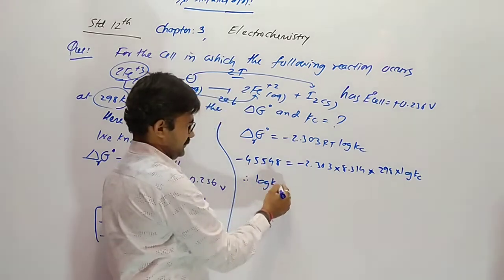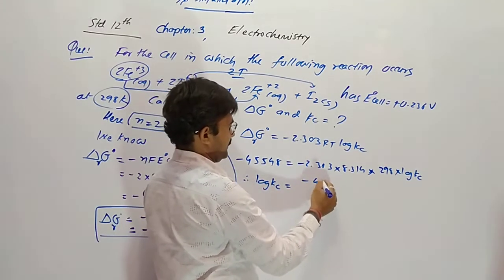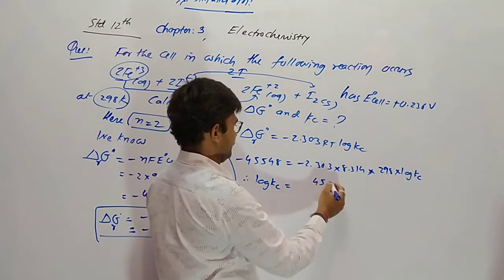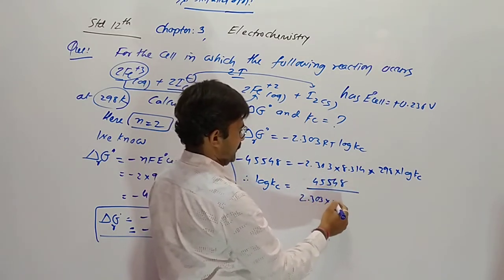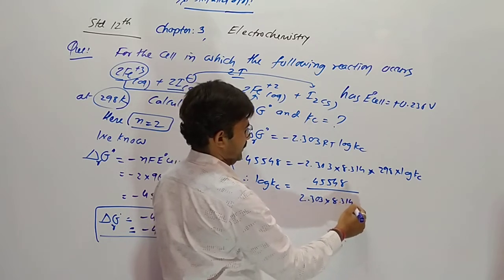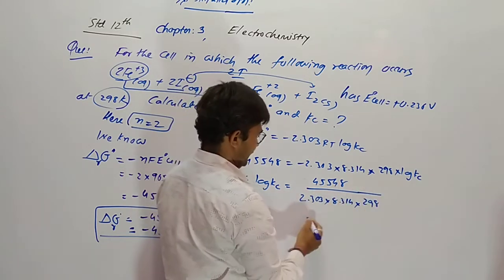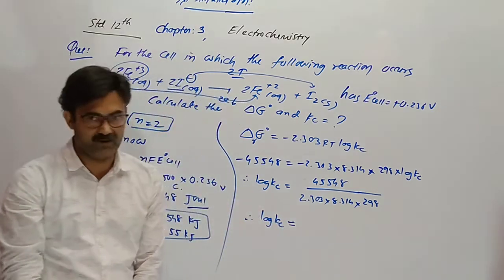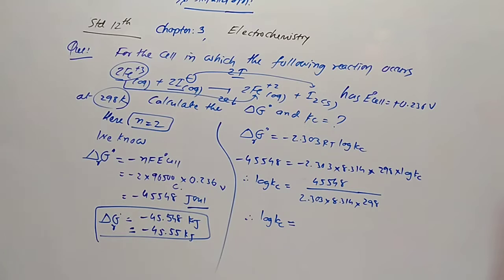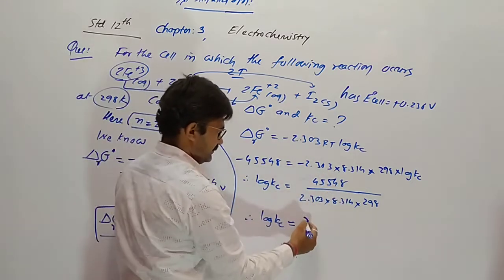Here the minus cancels on both sides, so log Kc = 45548 upon 2.303 × 8.314 × 298. The value of log Kc comes to 7.983 after division.